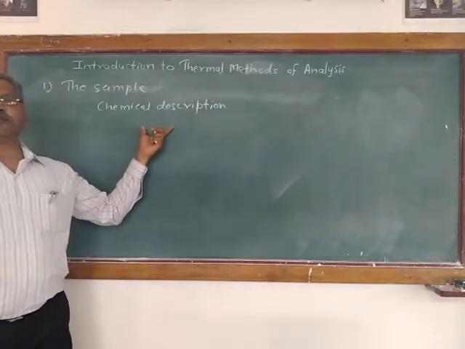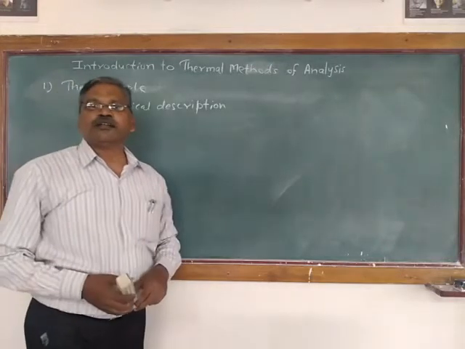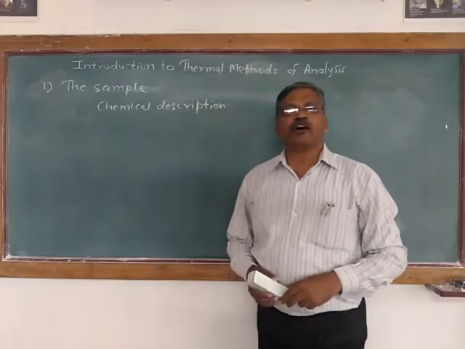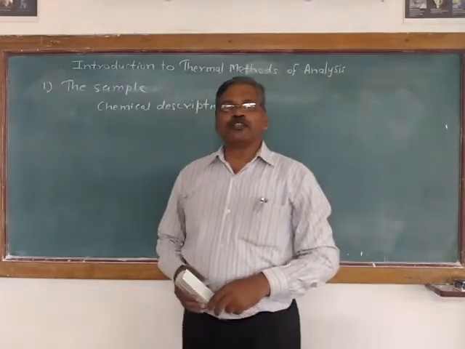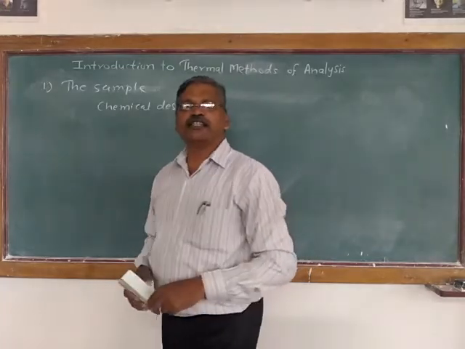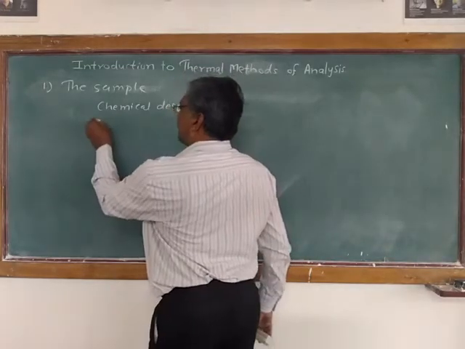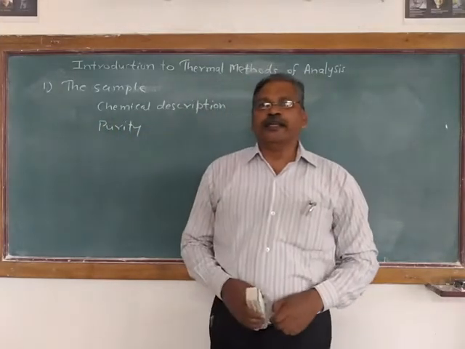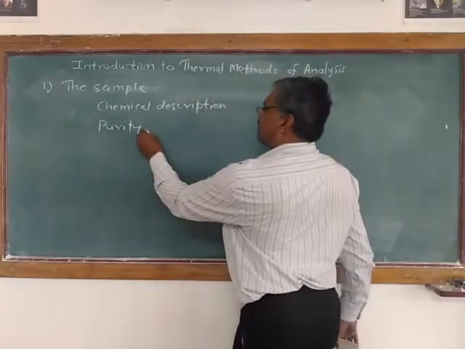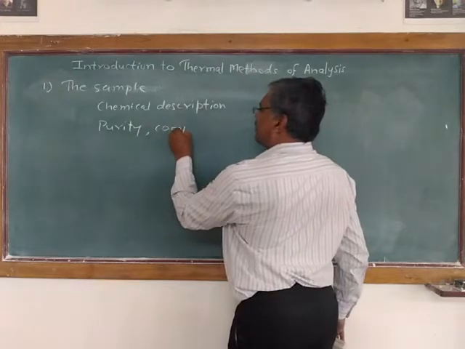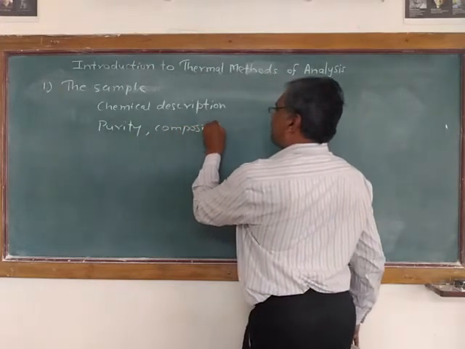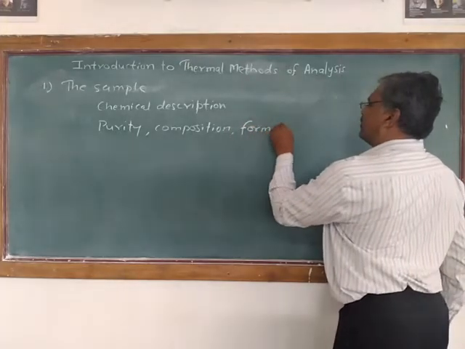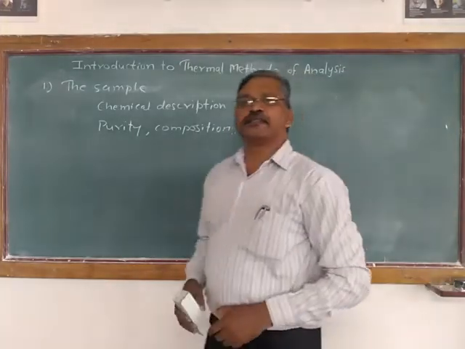Along with the chemical description, the source of the sample and the pre-treatments carried out on the sample should also be given. It is also important to state its purity, the chemical composition, and the formula of the sample. So these are the necessary things.